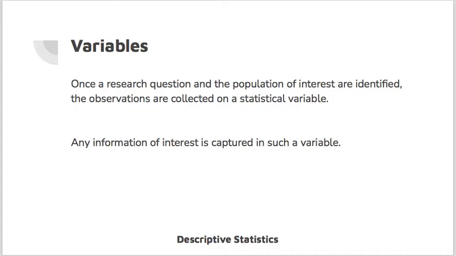A variable comes from the objective, and the objective leads to the research question. Once a research question is fixed and the population of interest is identified, we collect the data on these particular variables.